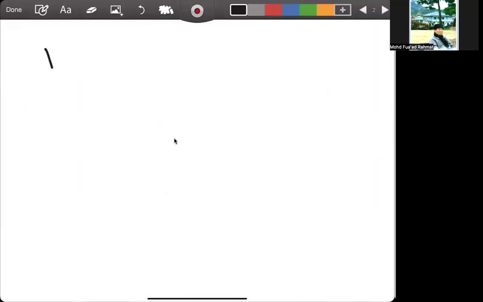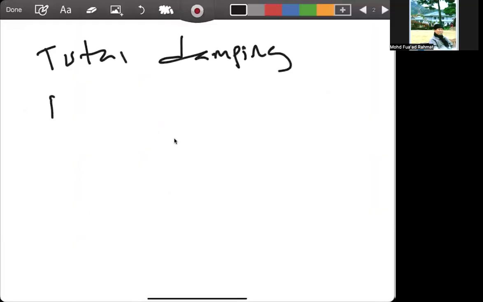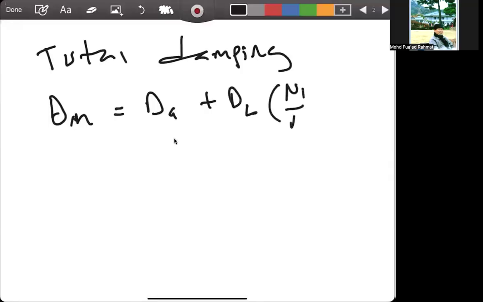Total damping is dM plus dL load, which is equal to 5.5.